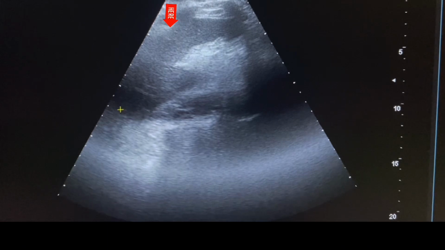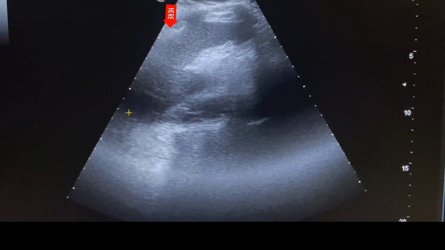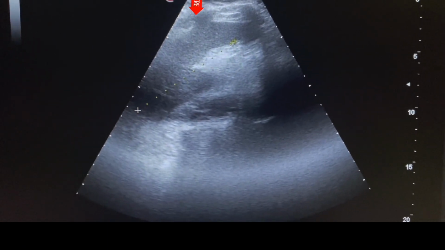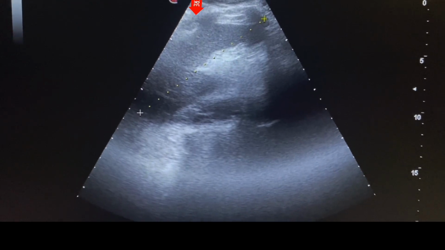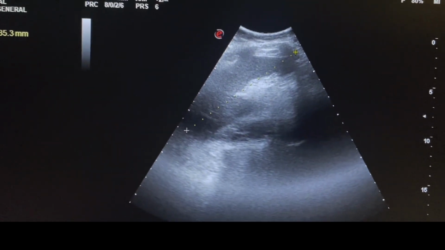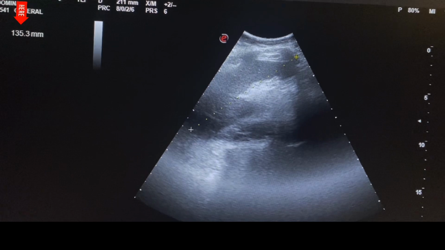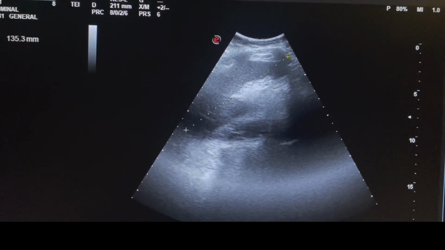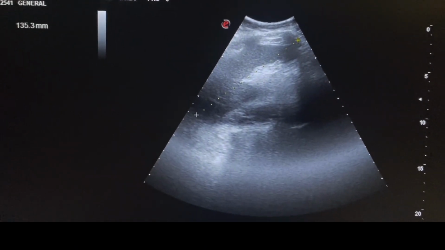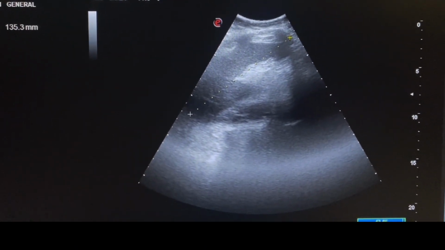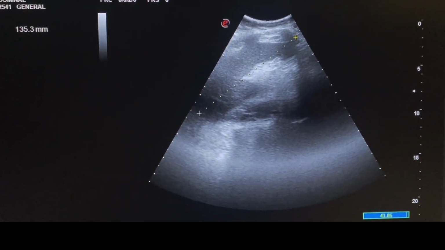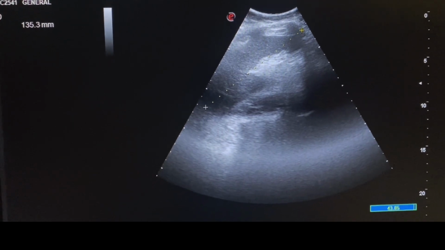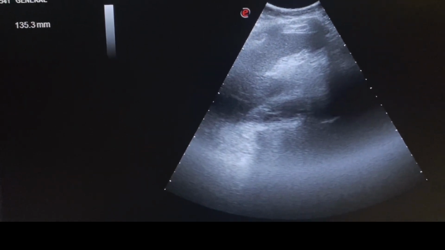Now we measure the size of spleen. The size of spleen is 135 millimeter or 13.5 centimeter, which is also increased. The normal size of spleen is up to 12 centimeter.